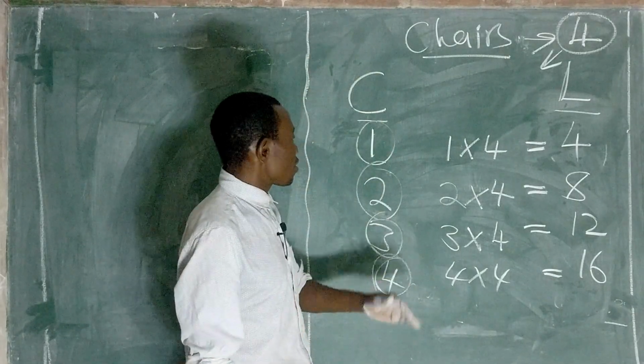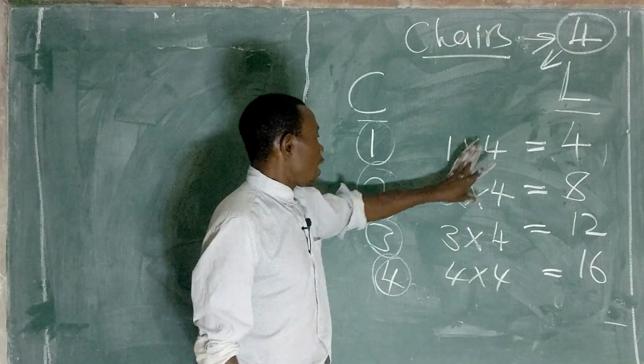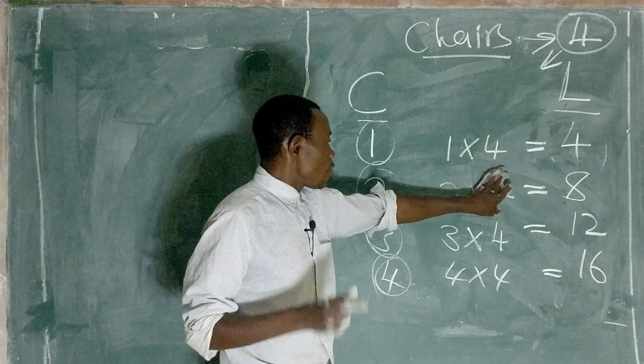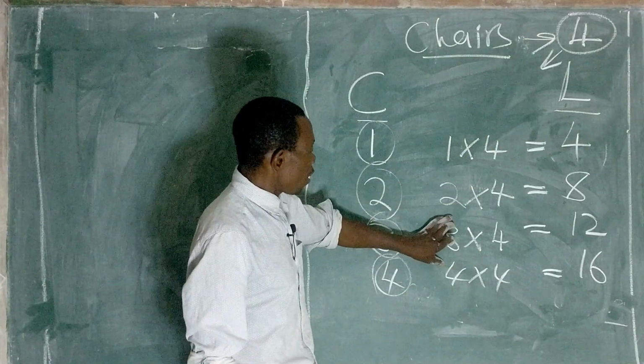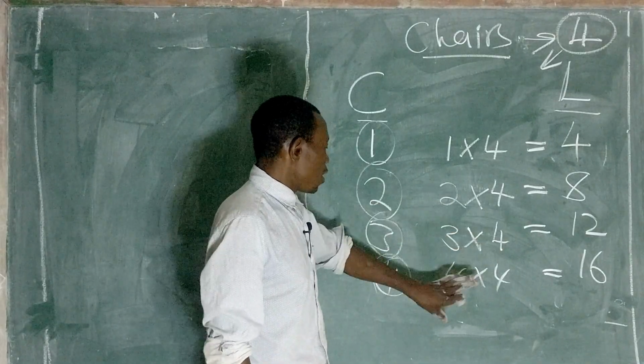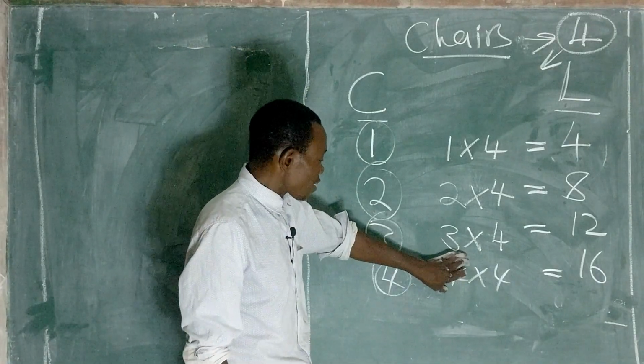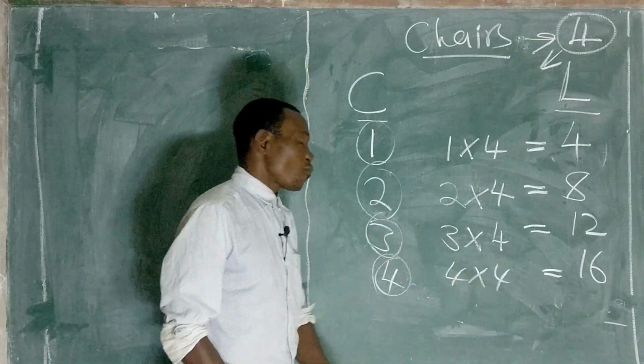What is there? Just like you are saying, number of chairs times the number of legs of a single chair. And again, here you also talk of the same statement, number of chairs times the number of legs for a chair.